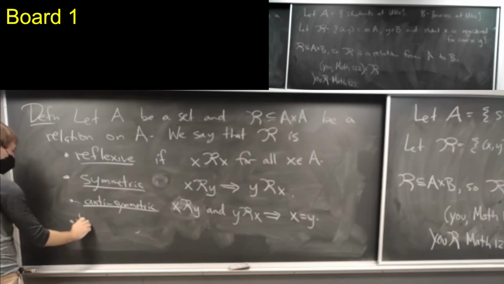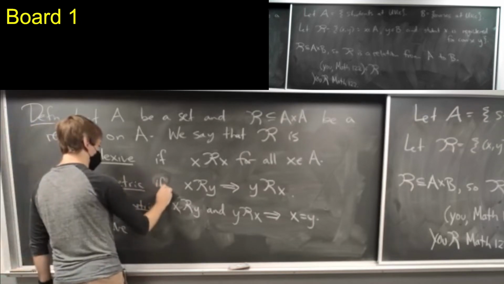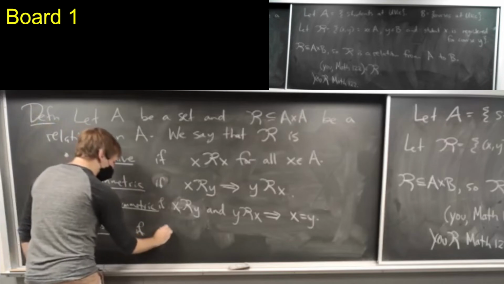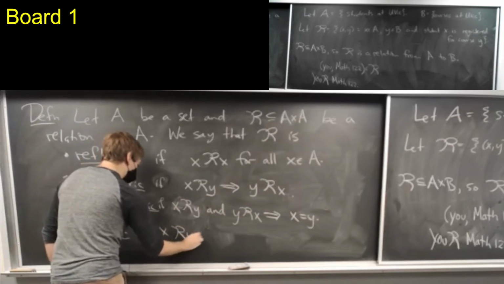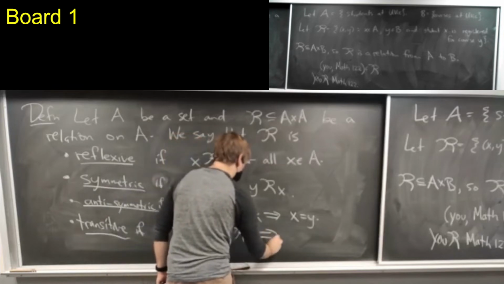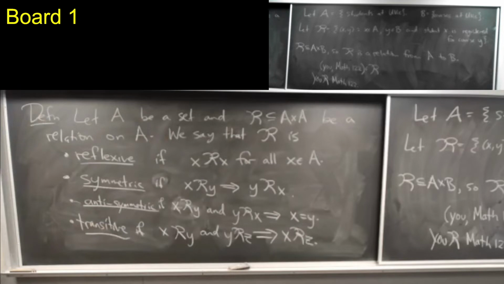And then the fourth thing is transitivity: whenever X is related to Y, and Y is related to Z, it implies that X is related to Z. All of this probably just seems like very arbitrary stuff right now.